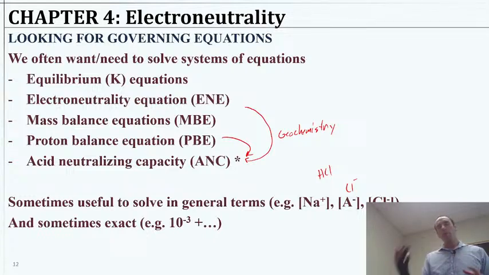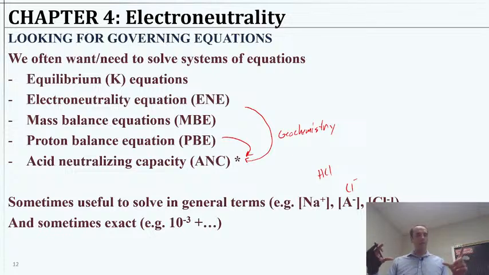So whatever form we want to write it in, maybe we leave it in general terms that way and set up a balance in those terms. Or maybe we'll go exact and say, okay, this is 10 to the minus 3 plus 10 to the minus 4 minus this, that, and the other. So we'll see a little bit of both. And sometimes it's useful just to solve it without even getting into the particulars and say, oh, okay, if we know the amount of this that we add, then we get a proportional amount of that removed or required or something like that. So we'll see a couple things like that.